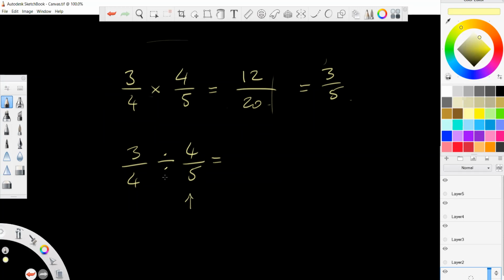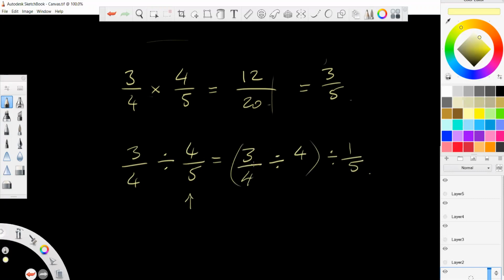Okay, so the reason I think will become more obvious if I split this fraction up, because this is the same as 3/4 divided by, well, I can divide it by 4, and I can separately divide it by 1/5.